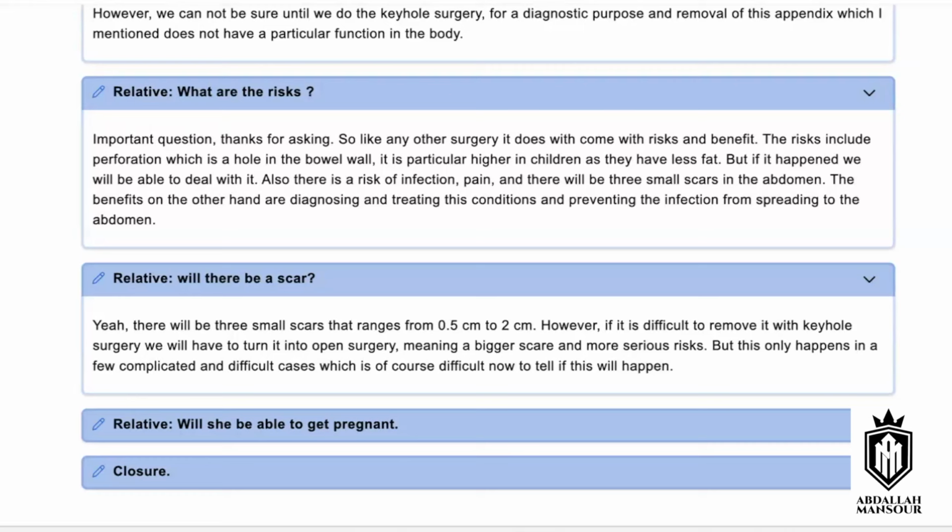However, based on the location of these structures, the risk of damaging them is low. So I'm not saying that yes, for sure, she's going to be able to become pregnant. However, what I'm saying is that this is a very low risk, and even though it's a very important concern, I don't think that you should worry too much.